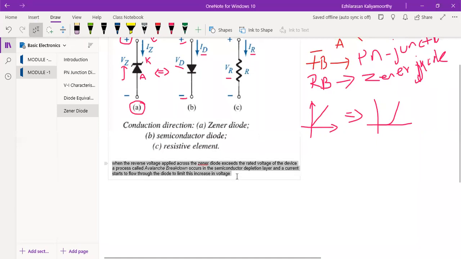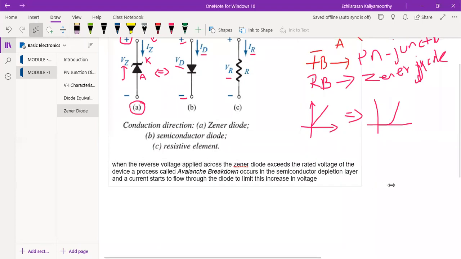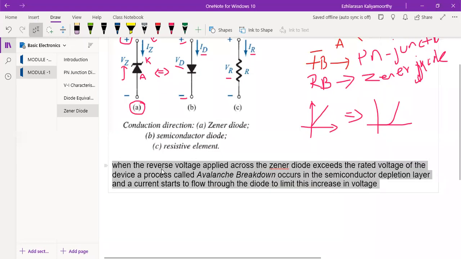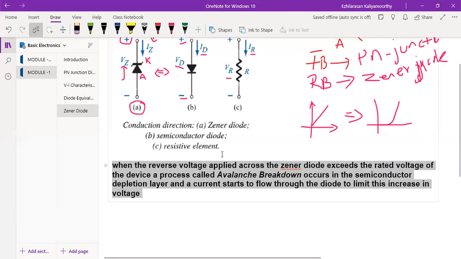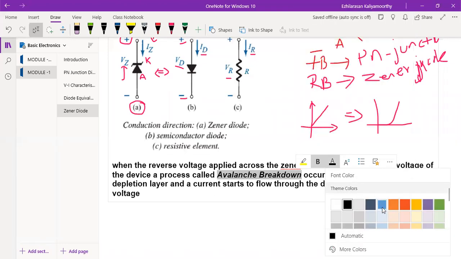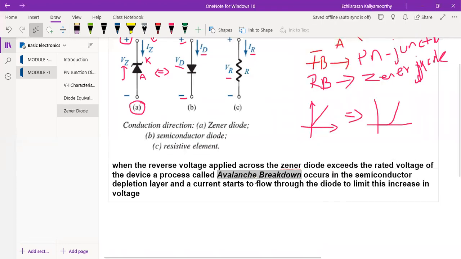See here, this is one of the very important things. You can think here. Yes, see, that is what I want to say.